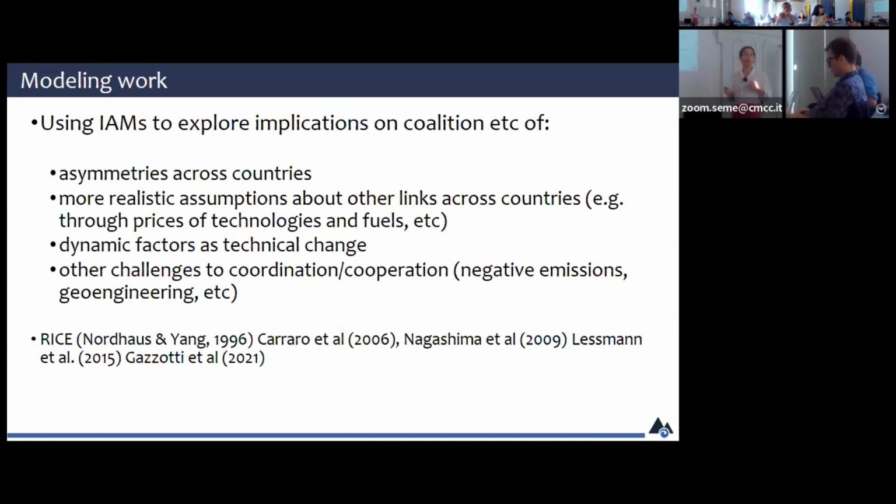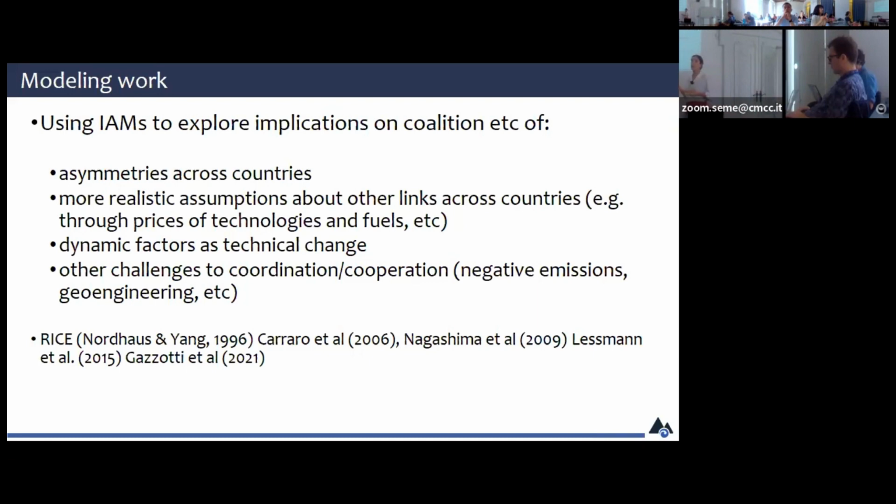That might spread out to other countries, or you might have R&D bringing down the technological costs, and that again might spread out to other countries. So you can have many more links across countries that make the problem much more interesting.